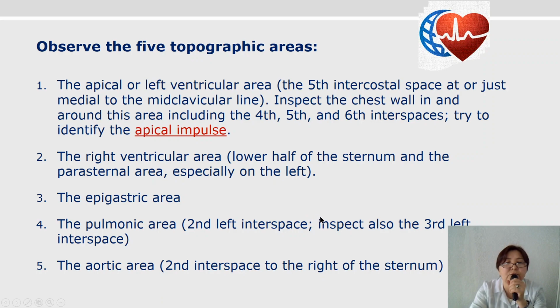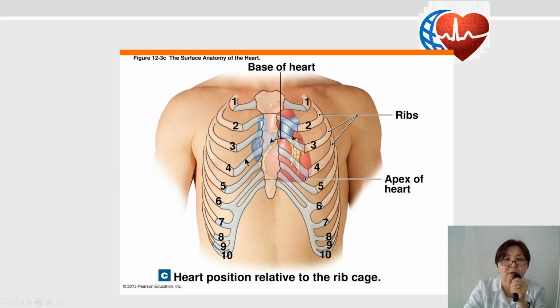The right ventricular area, lower half of the sternum, and the parasternal area, especially on the left. Then the epigastric area, the pulmonic area, and the aortic area. So: right ventricular area, aortic area, pulmonic area, and epigastric area.